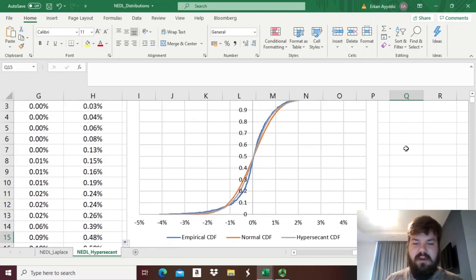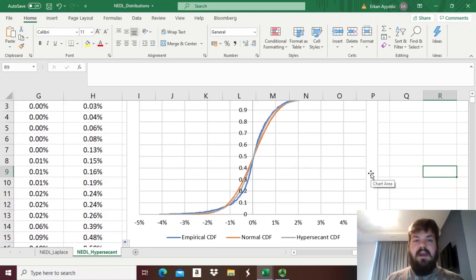The normal distribution completely disregards this feature and has a very slim, very thin tail, while the hypersecant distribution, which is the gray line over here, is somewhere in the middle. So it fits the data substantially better than the normal distribution, but is still not the best that we can do.